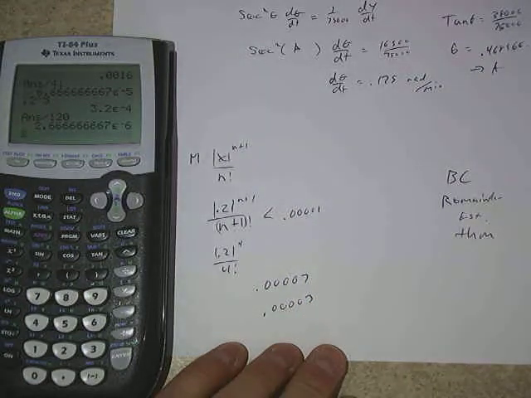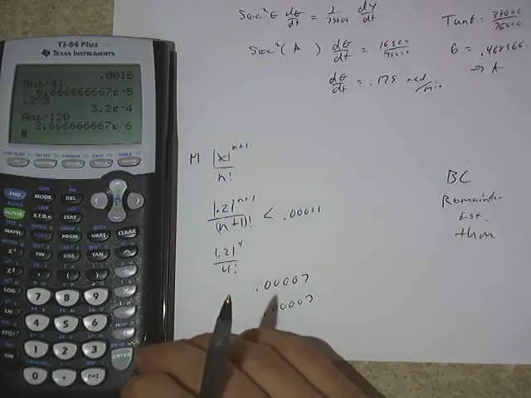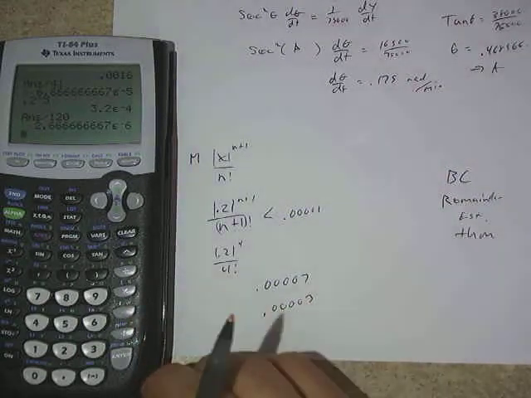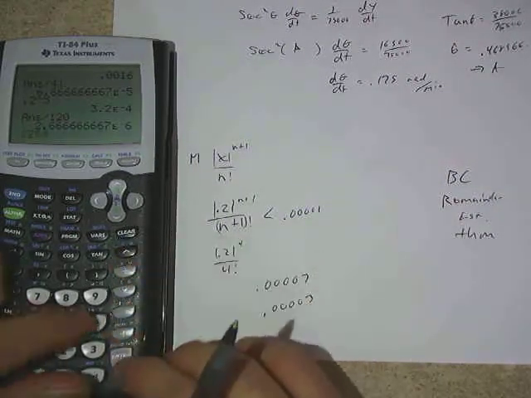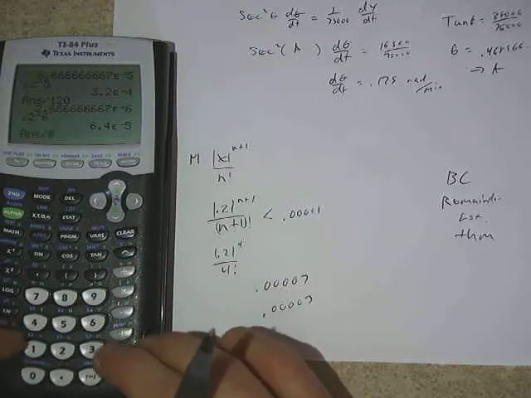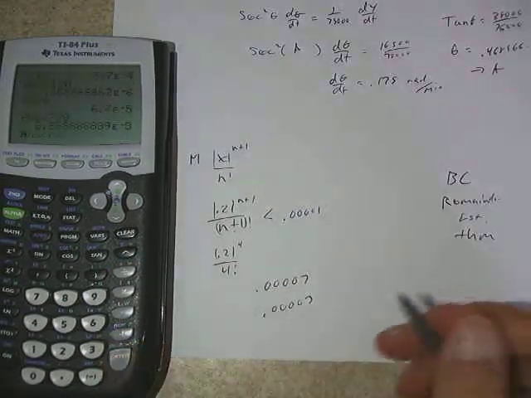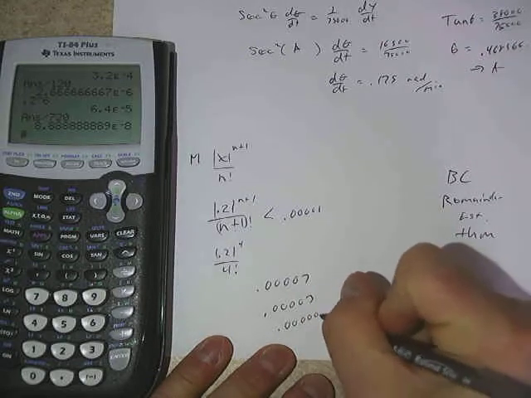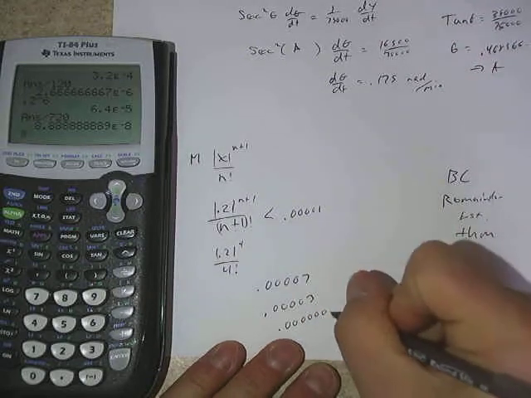Alright, and then let's try 4, then we would have 5 in there, so we'd do 0.2 to the 5th, and we divide that by 120, 5 factorial. So if we did the 5, we'd have 0.00003 ultimately, which again would be too big. So let's try the next one, which is 5.